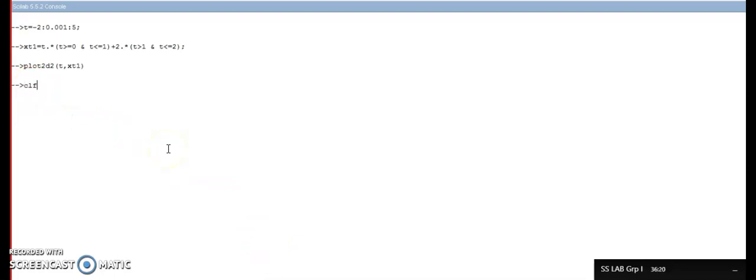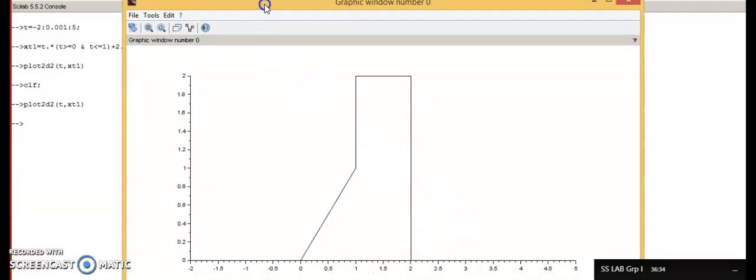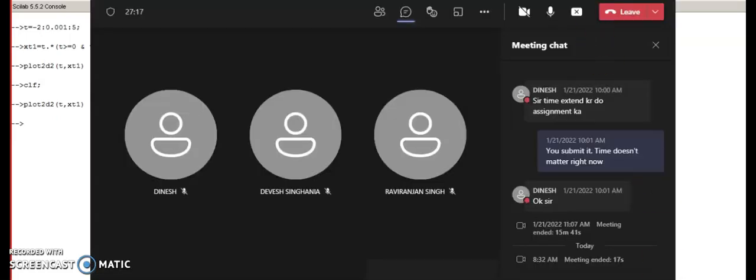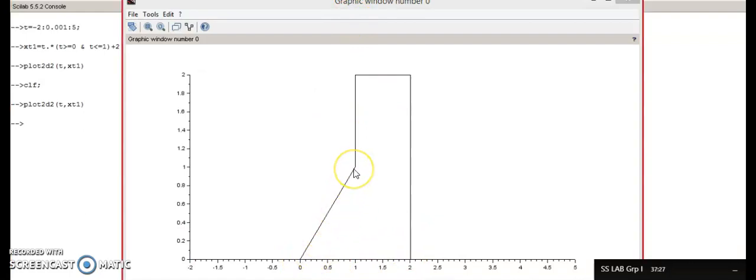CLF कर लेते हैं, CLF किया, क्लियर स्क्रीन हो जाएगी. फिर ये प्लॉट किया तो आपके पास ये प्लॉट आ जाएगा. So 0 to 1 it will be t and 1 to 2 it will be 2, like this.